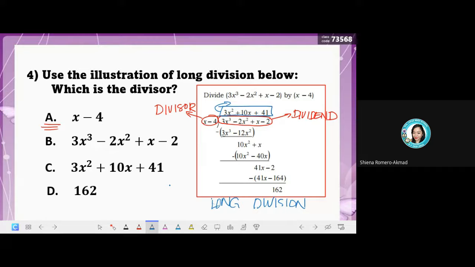O, pag addition, ang answer ay sum. Pag subtraction, ang answer difference. Pag multiplication, ang answer ay product. Pag division, ang answer ay... anyone who knows the answer?